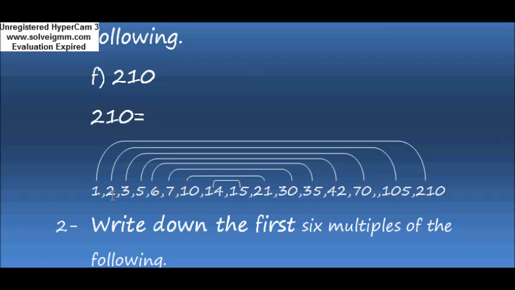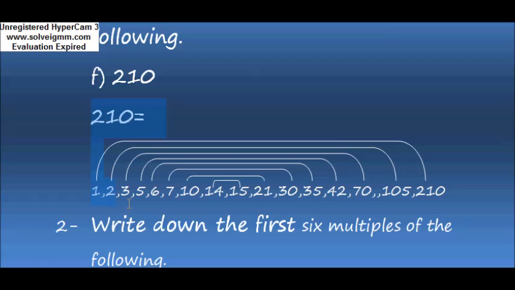For example, 1 here and 210 here. 2: when you divide 210 by 2, your answer will be 105. So 2 you will write here and 105 you will write here. This is an easy way of writing the factors of a given number.